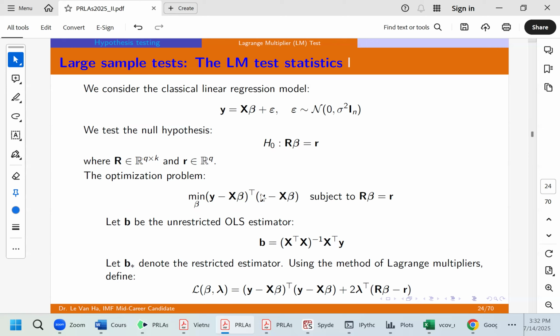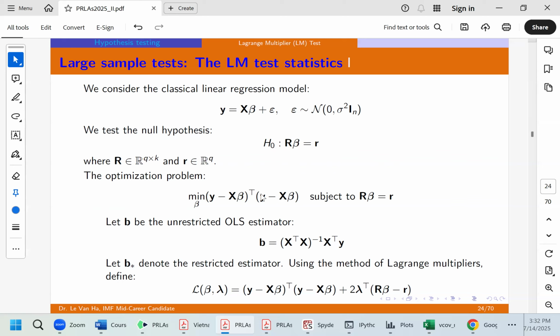You just have that. In comparison with the OLS model, we have a constraint. Good. So let's denote the restricted estimator, and using the method of Lagrangian multiplier, we will have this one.